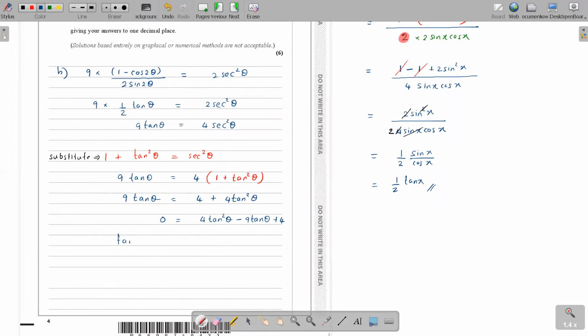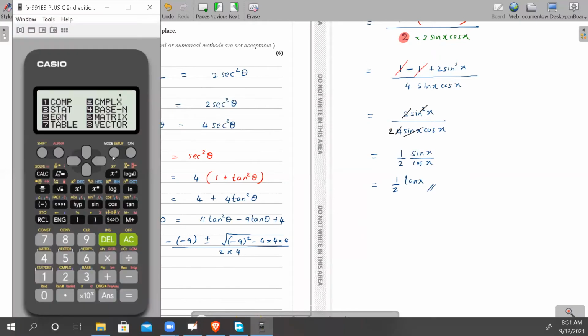So tan theta equals minus b, so minus 9, plus or minus the square root of b square minus 4ac, where a is 4 and c is 4, divided by 2 times a, which is 8. You could also just type it into the calculator, using the quadratic equation option: a is 4, b is minus 9, c is plus 4.